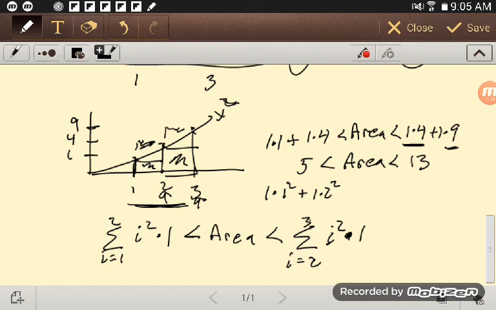Okay, so this is the basic idea of area that we're going to try to do. And so now let's try to do a little bit more with this, but we'll start a new video to do that.